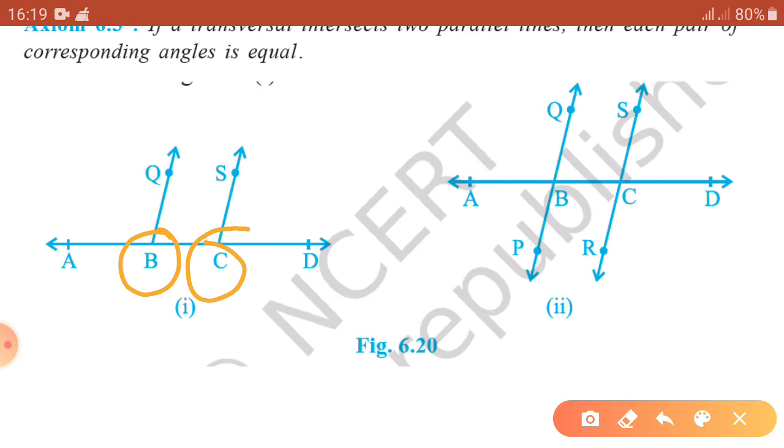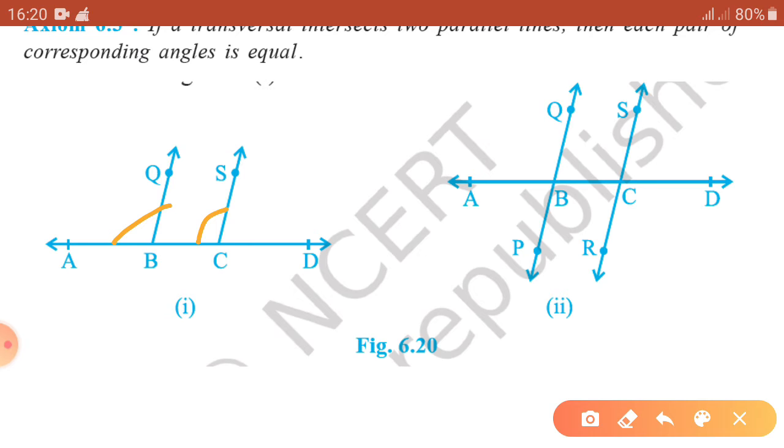That means from B we draw line BQ, and at point C we draw line CS in the same direction.